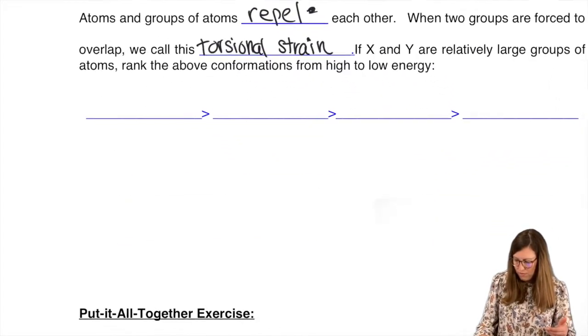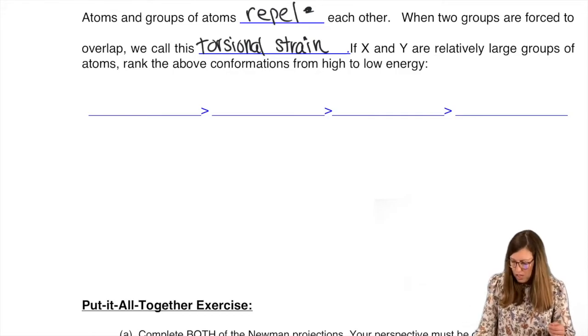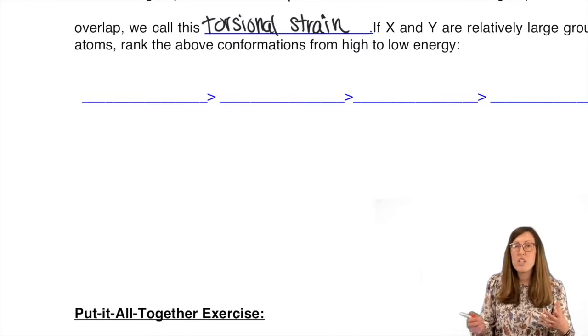So we have a problem to do here. So we can make these decisions, which conformational isomers are preferred. We're going to rank the ones we just put in that table from high to low energy.